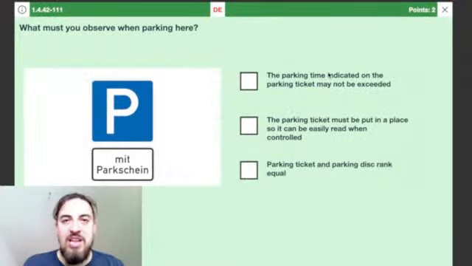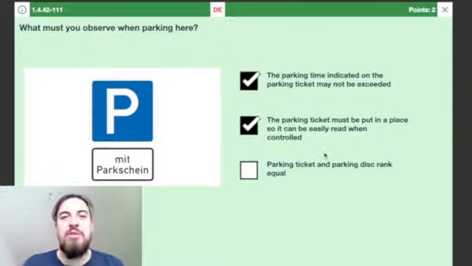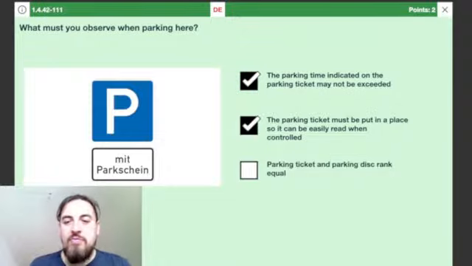So the only correct answer here is that the parking time indicated on the parking ticket may not be exceeded. Obviously you have to pay for the time and it shouldn't be exceeded. If not, you have to pay a fine. And yes, it should be easily readable for the people who control it. And the other one is not correct.